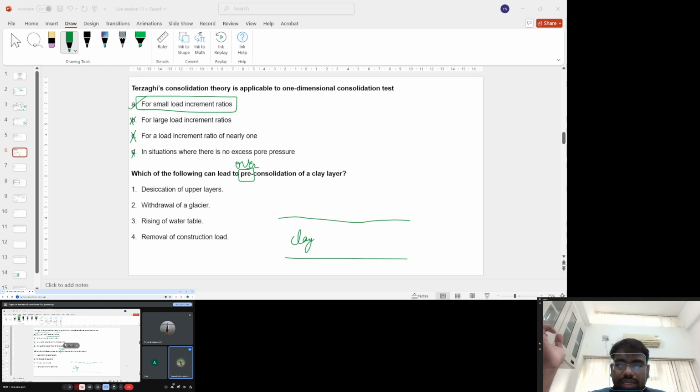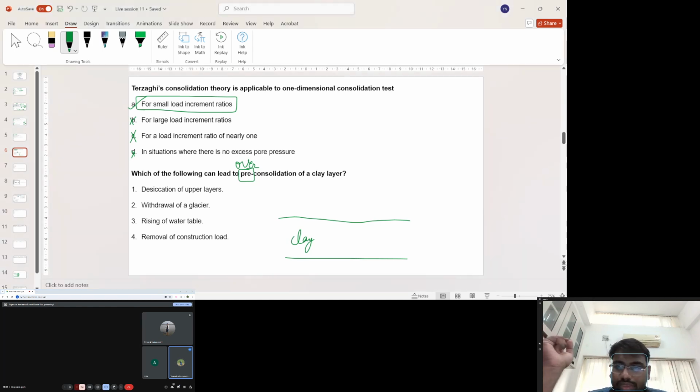So this option will obviously lead to over consolidation, and withdrawal of glacier also leads to over consolidation. Rising of the water table will in fact increase the stress, not decrease it. And option 4, removal of construction load, is also removing the stress, which leads to over consolidation of the clay layer.